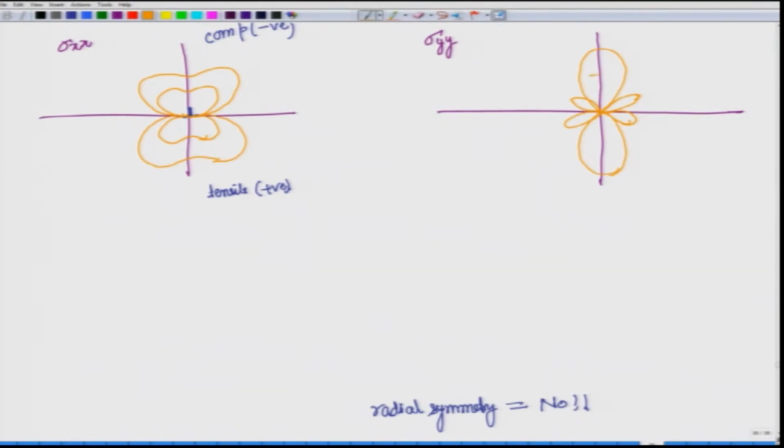If this is negative, then this also turns out to be negative, this also turns out to be negative, and this is positive, this is also positive, this is also positive, meaning this is compressive, these two smaller lobes are also compressive, this is tensile and these two are also tensile.